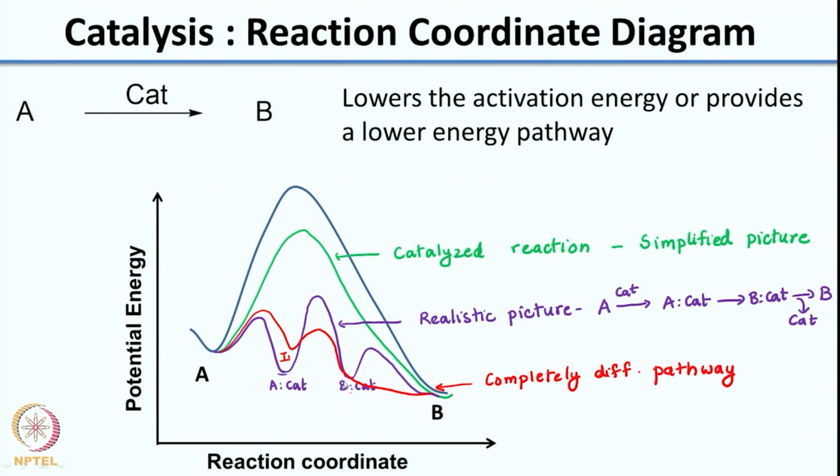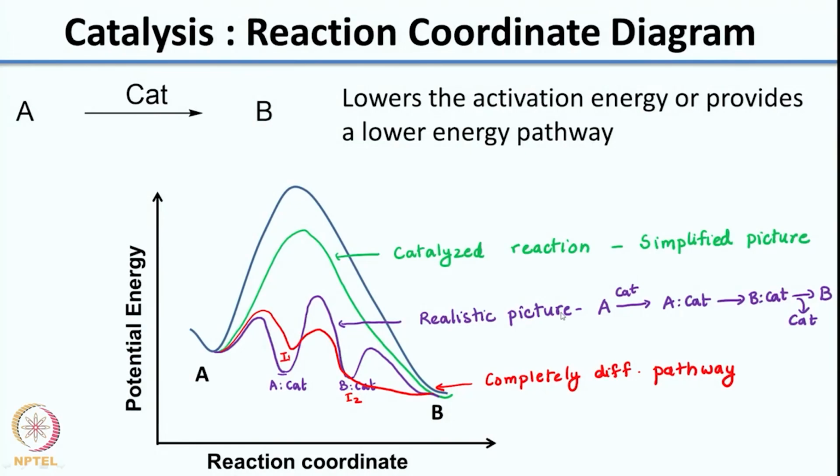This then reacts to form the product, which is again complex with the catalyst, and finally you form the product. So this whole pathway is lower in energy compared to the activation energy for the uncatalyzed reaction. Another way by which catalysts work is sometimes a completely different reaction coordinate is followed. So the pathway is completely different. We will look at what is most commonly observed and try to understand this process a little bit more.